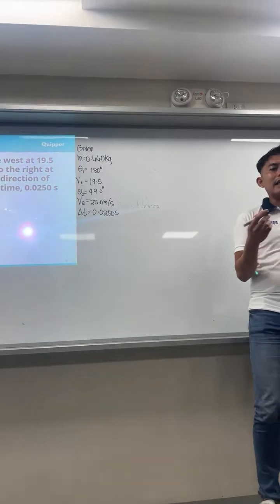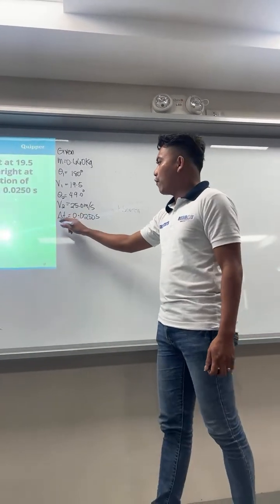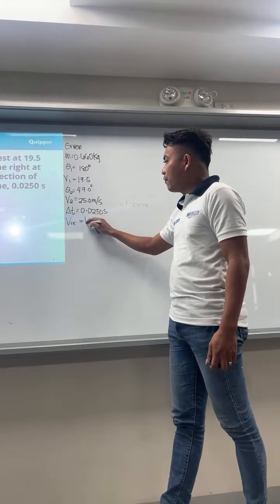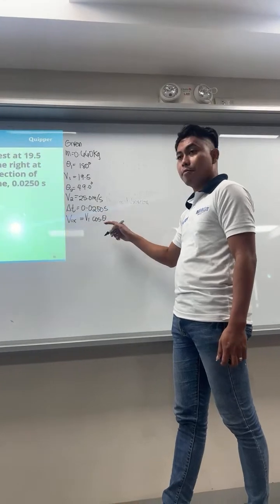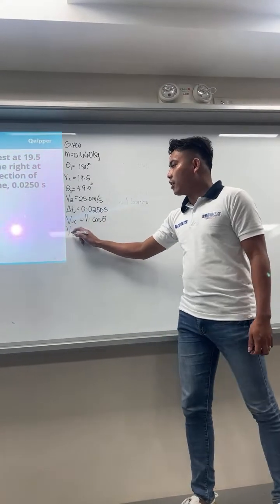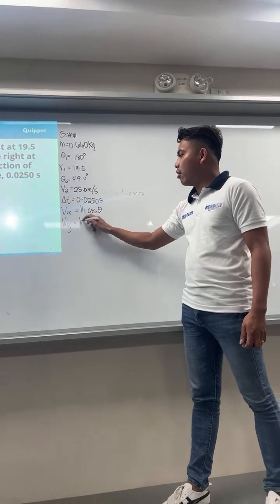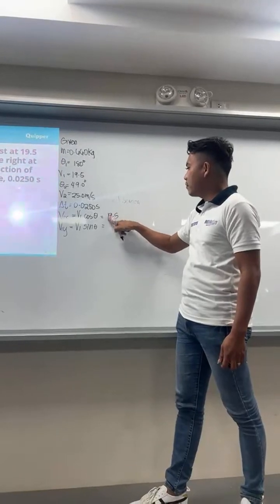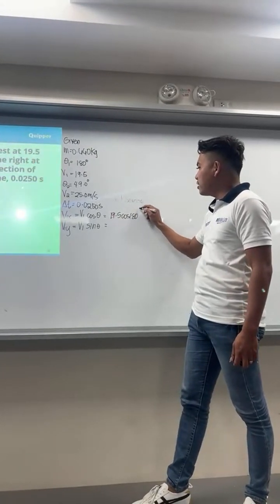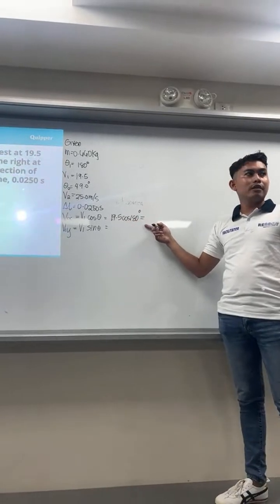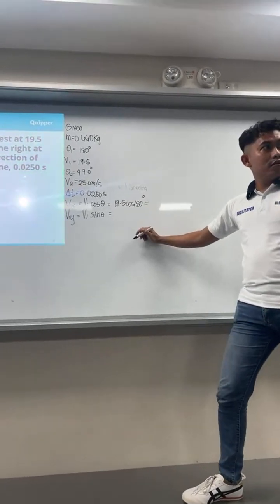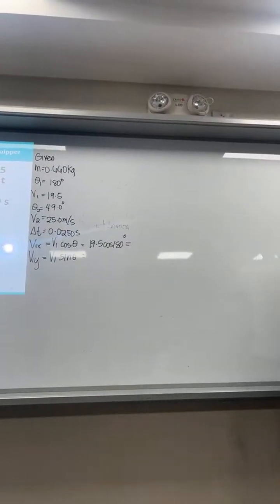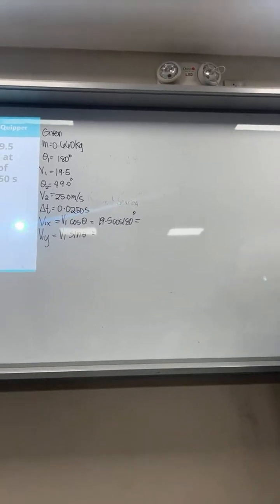What I said earlier, you are going to find the initial velocity of the x component, which is v1 cos theta, and also the initial velocity of the y component, which is v1 sine theta. 19.5 cos 180 degrees. Make sure your calculator is in degree mode.